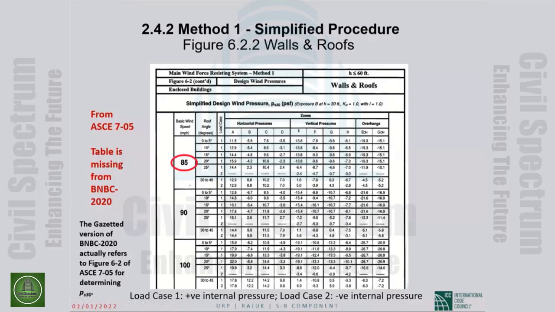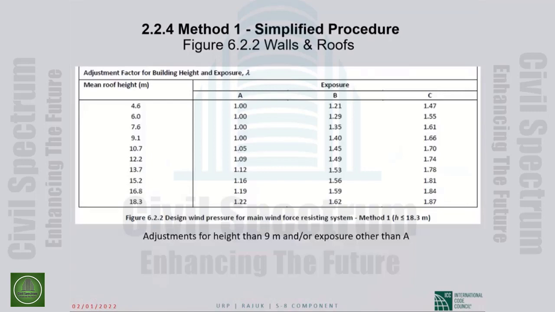You will never find a definition, so I put it here. Load case 1 means positive internal pressure. Load case 2 means negative internal pressure. This is very, very important. Literally nowhere will you find this specifically said, but that's the meaning. I found out in a kind of difficult, tortuous way.